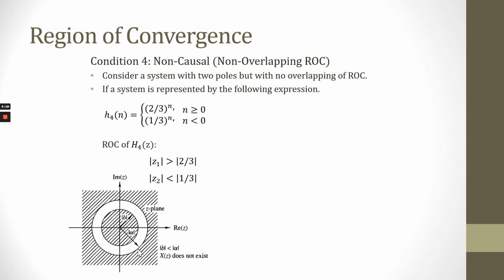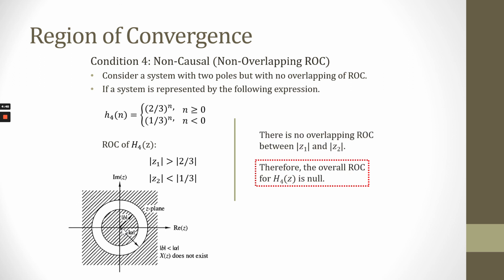For example, A is 2/3, so Z1 must be larger than 2/3, the outside region. For Z2, assume that B is equal to 1/3, so Z2 must be less than 1/3.